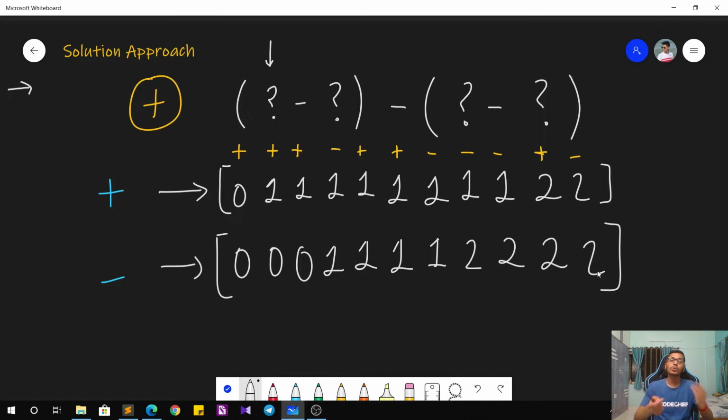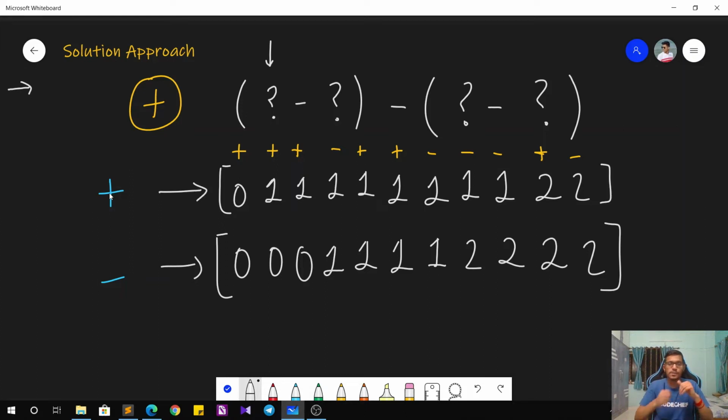Now, how do we use these arrays? Remember how I told you that each element belongs to some half, that is either the plus half or the minus half. That halves array will be storing the optimal sum, or the maximum possible value of the expression, till that point.